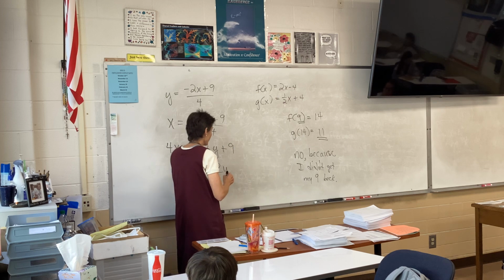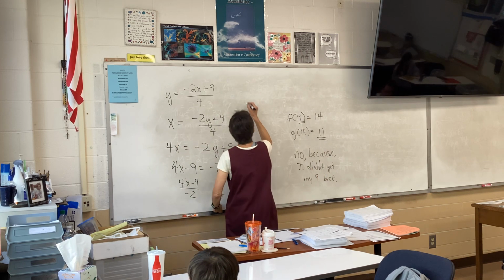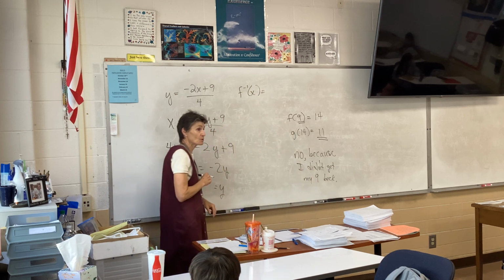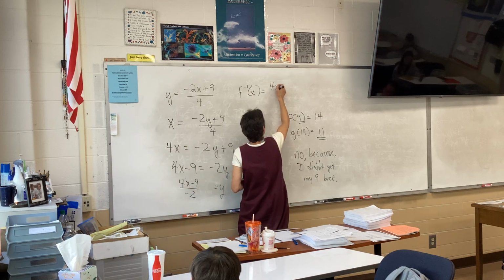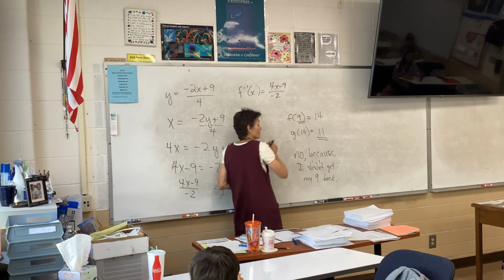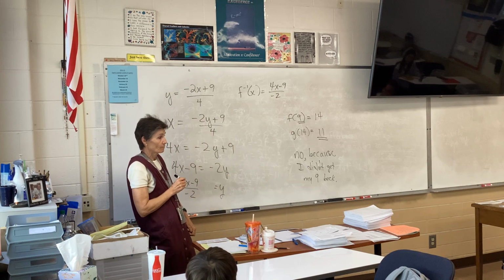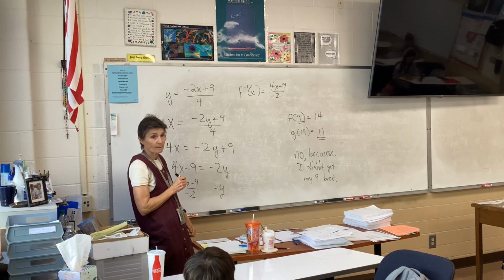So I will already have an answer blank set up for you. I know this bugs some of you that you have to write it in inverse notation. I will already have that in the answer blank. And so you'll say 4x minus 9 over -2. Does anybody have a question about that?